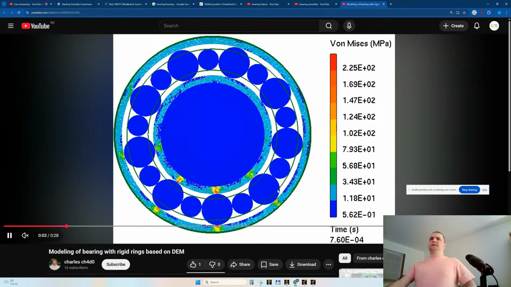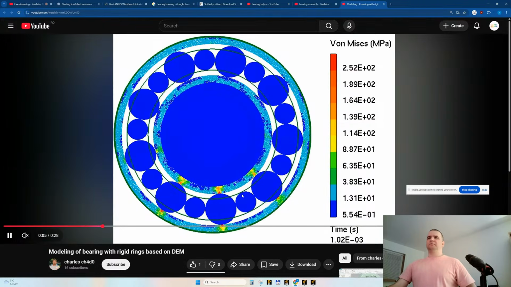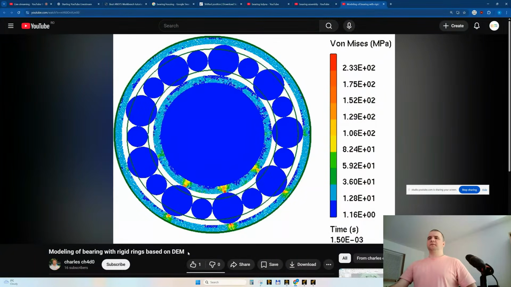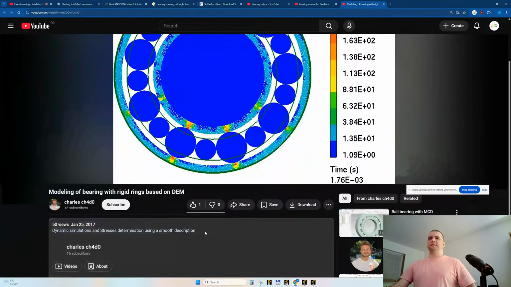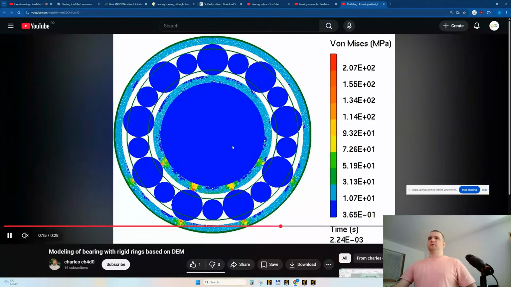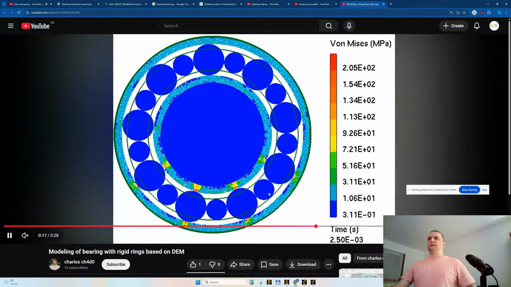First time I see this done in DEM, the discrete element method. Made with particles.